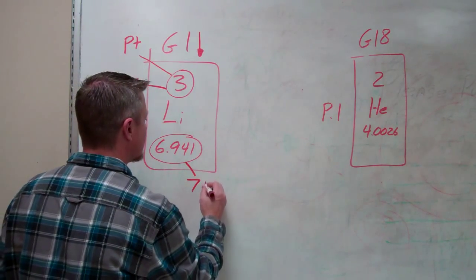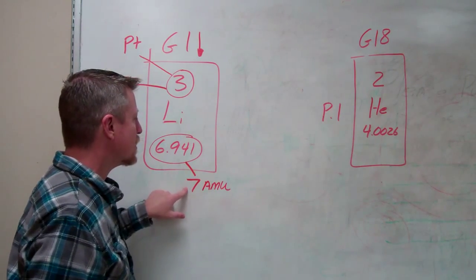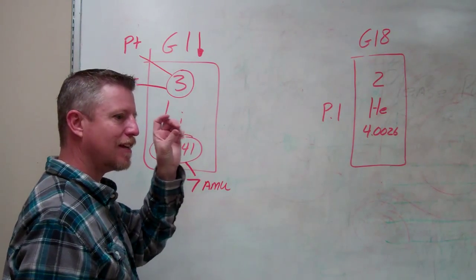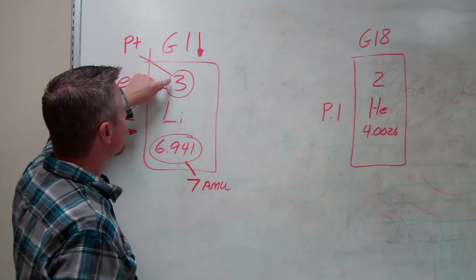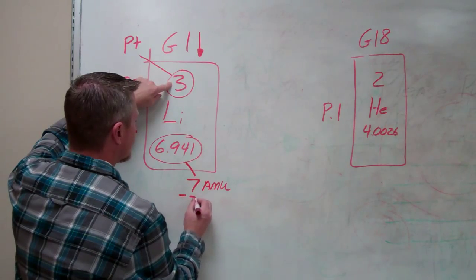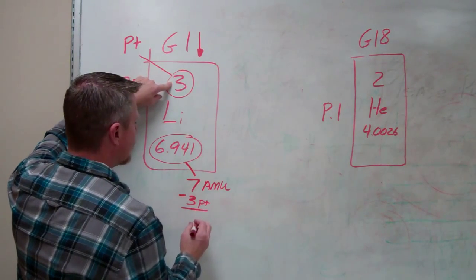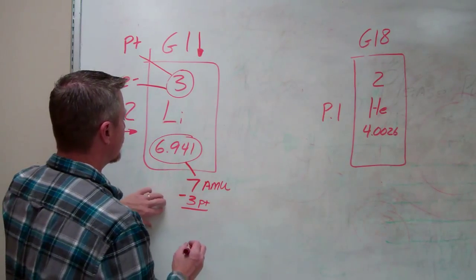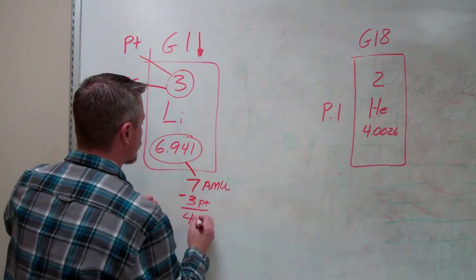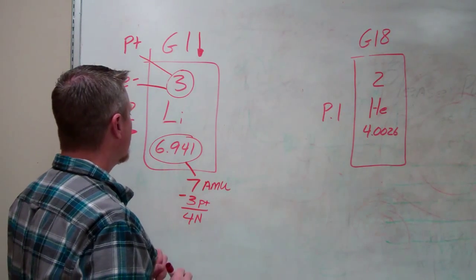And AMU means atomic mass unit. Okay, now remember that number is containing both protons and neutrons. Well, we know the protons are 3. So if we subtract the 3 protons, then whatever is left will be neutrons. So 7 minus 3 is 4 neutrons. Okay, so we have 4 neutrons.